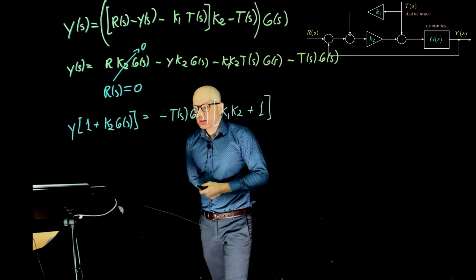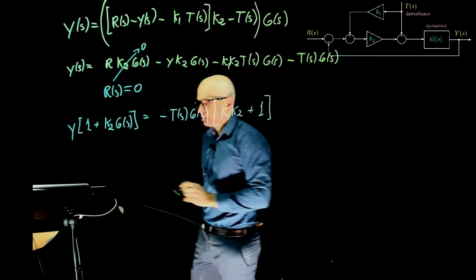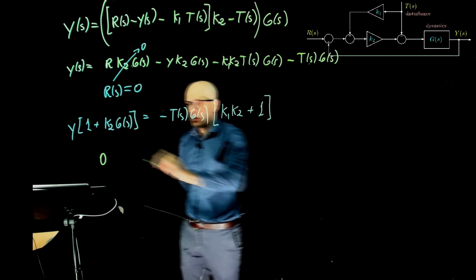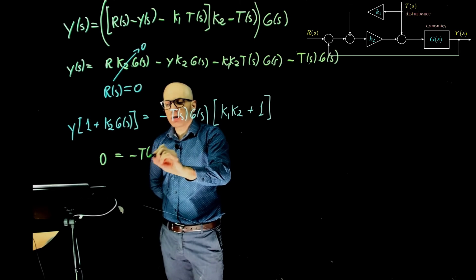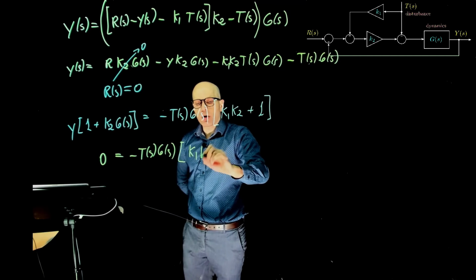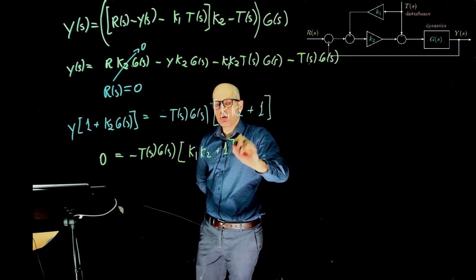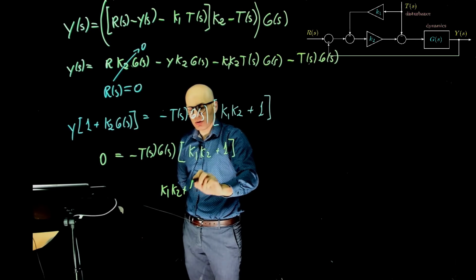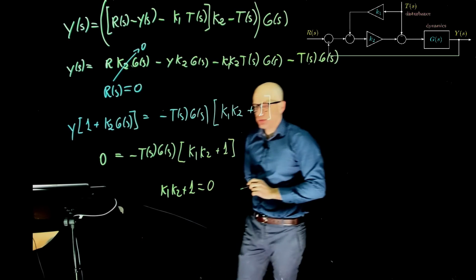If we want the output to go to 0, then this whole term here goes to 0. And if this whole term goes to 0, we are left with minus Ts g of s times k1, k2 plus 1. This is going to be 0 when k1, k2 plus 1 equals to 0.